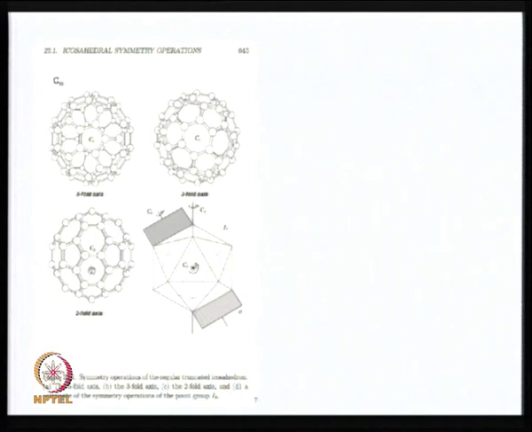Finally, there is a C2 axis shown. This requires looking a little carefully at the whole figure. This is passing through the center of this bond. If you look at a hexagon, hexagon, pentagon, pentagon pattern, then this particular bond is between the vertices of 2 pentagons, but is a shared side of 2 hexagons.